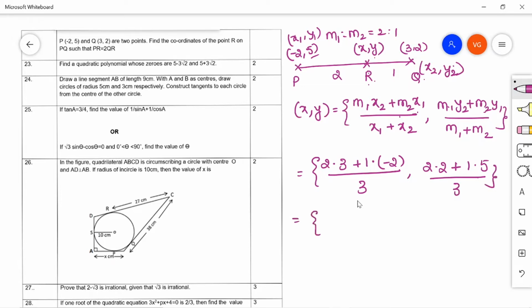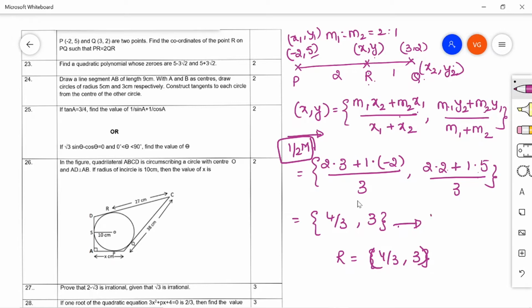Just simplify. 6 minus 2, 4 by 3, comma, 2 into 2, 4 plus 5, 9 by 3, so 3. So the point R here is (4/3, 3), which divides the line segment in 2:1 ratio. So for writing down the formula, you will get half mark here.